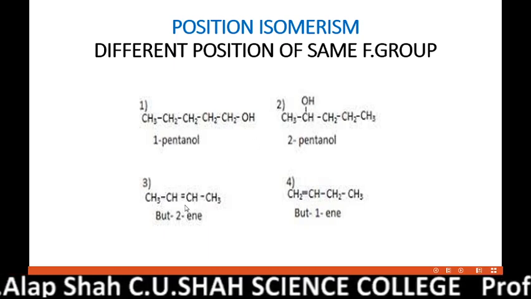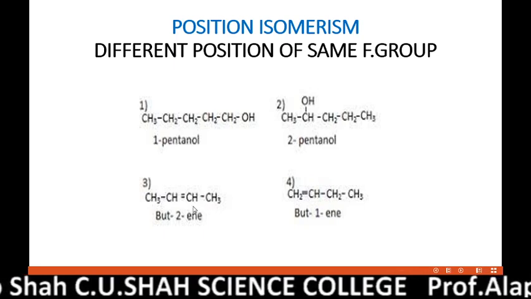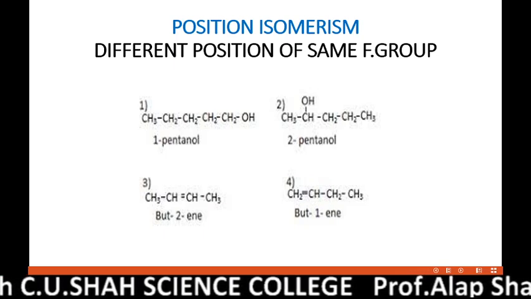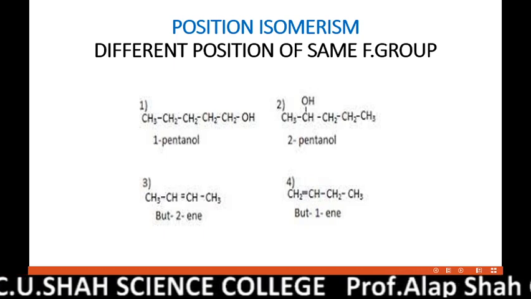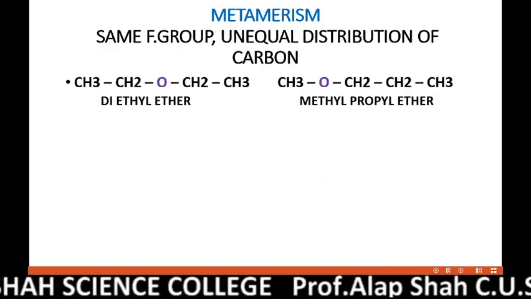Similarly, 2-butene and 1-butene, a chain of 4 carbons, but in 1-butene the double bond is immediately after carbon number 1, while it is after carbon number 2 in 2-butene. So it is called position isomerism.